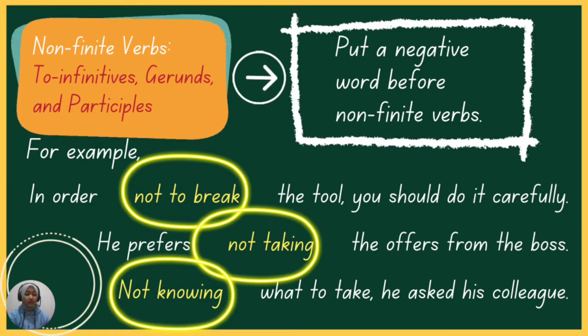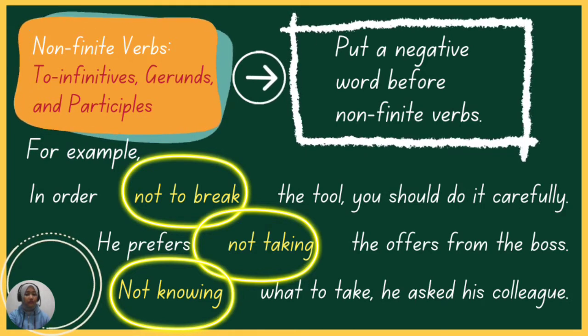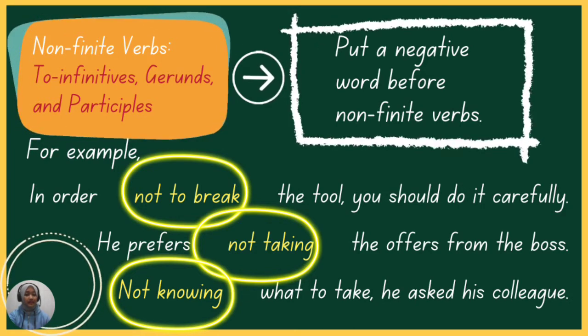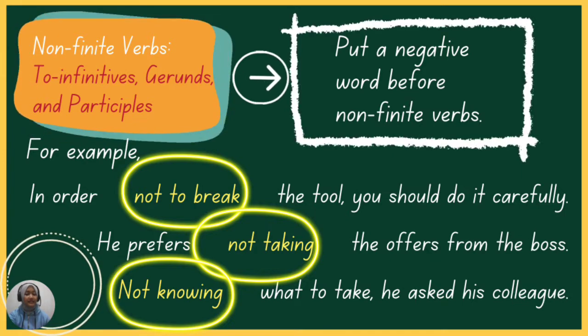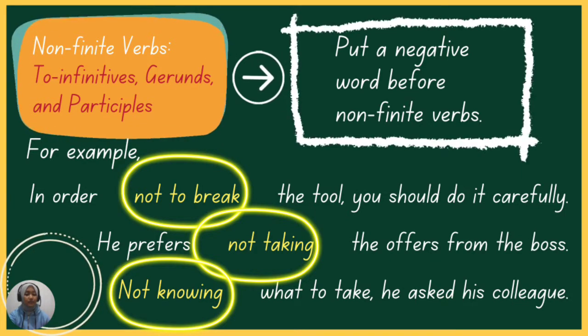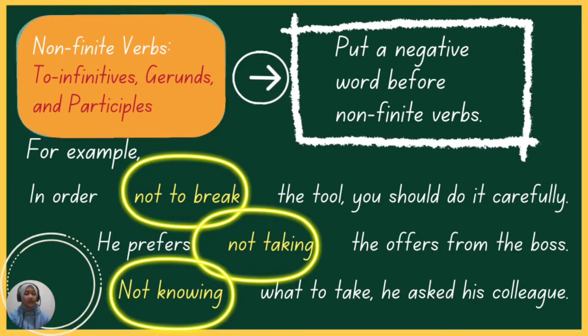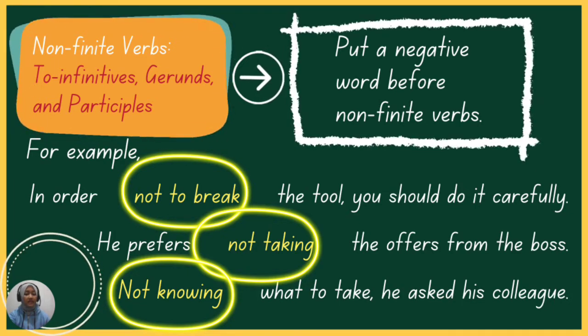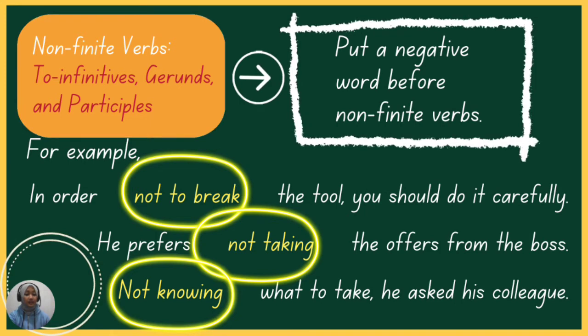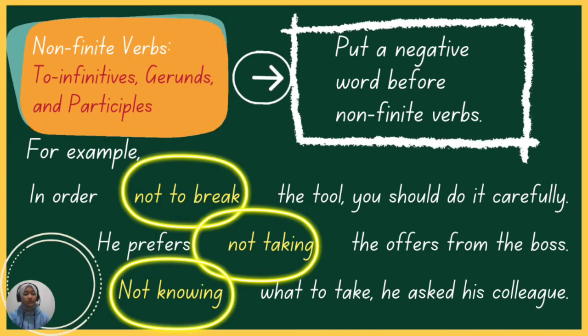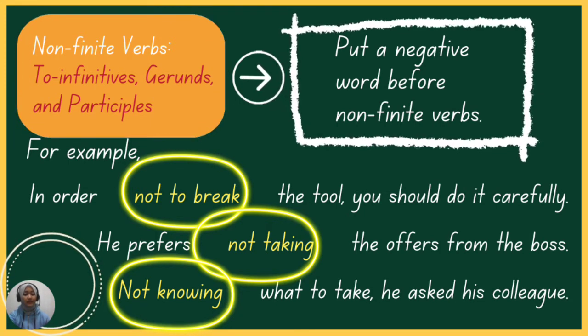He prefers not taking the orders from the boss. Taking, ya, jadi indikator negatifnya muncul sebelumnya. He prefers not taking. Not knowing what to take, he asked his colleague. Not knowing, not muncul sebelum ing verb.